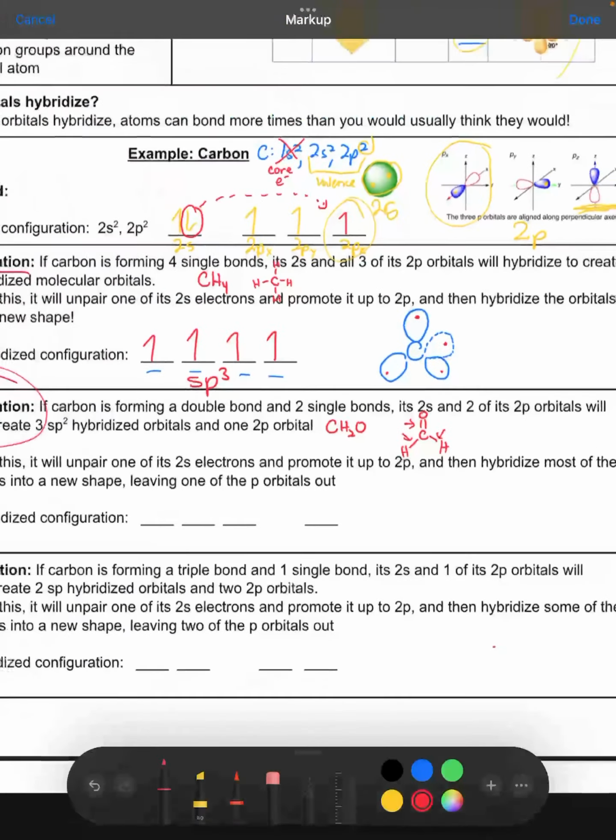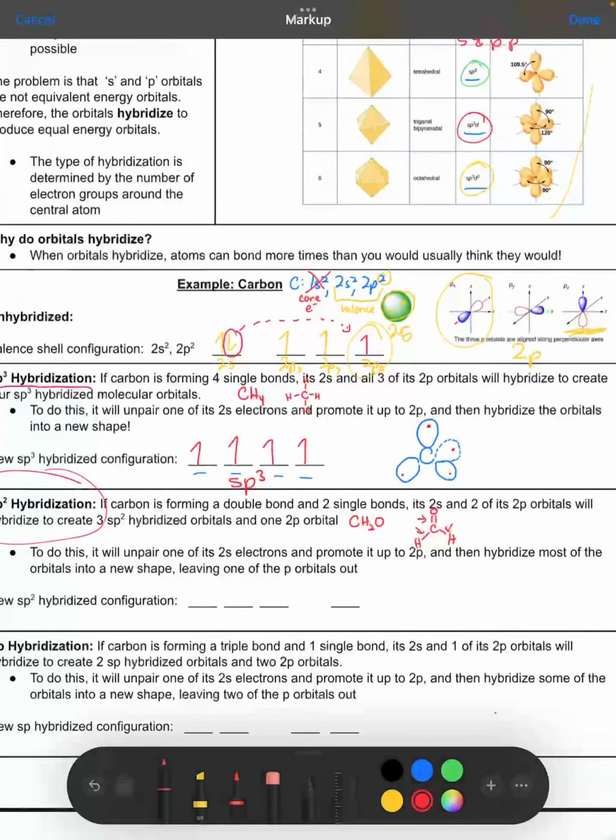All right, if carbon is hybridizing in that pattern, that sp2 hybridization, that means that the s orbital space, this one, and then 2 out of 3 of the p orbital spaces are going to smash themselves together after that one downward spin s electron gets promoted up.